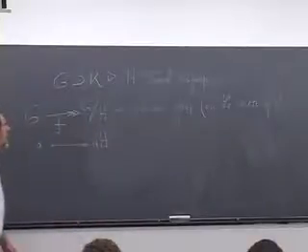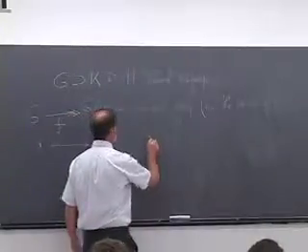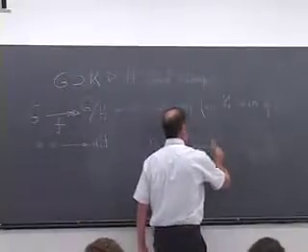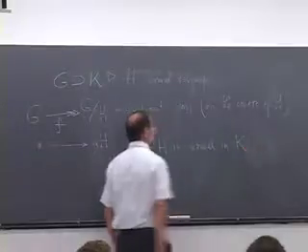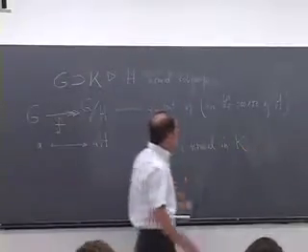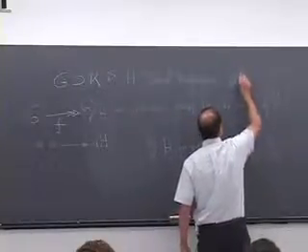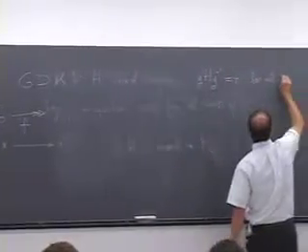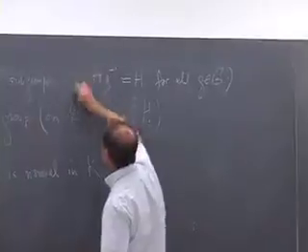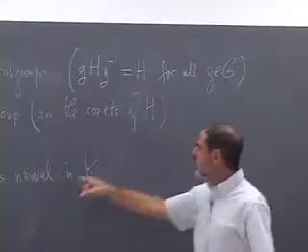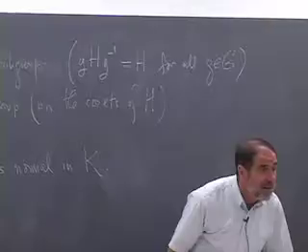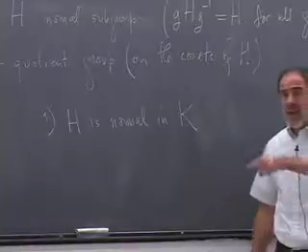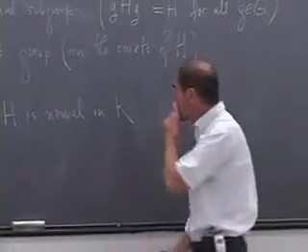Then the claim is, first, that H is normal in K. That's easy, because to say H is normal in G means that for any g in G, gHg inverse is equal to H. Now, if this is true for all g in G, it's certainly true for all g in the subgroup K, which is the statement that H is normal in K. So therefore, we can construct a quotient group.